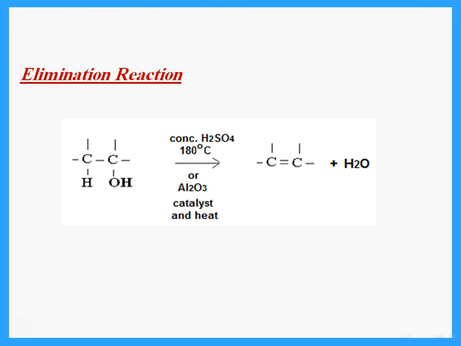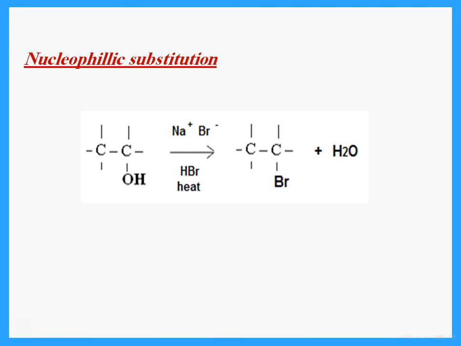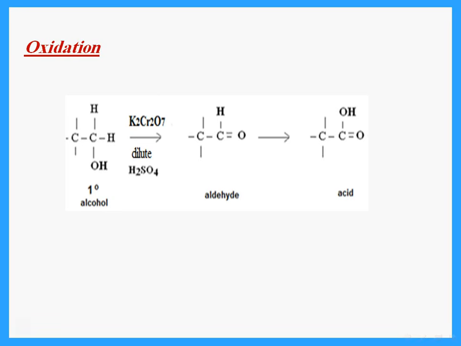Now, elimination is where I change the alcohol into an alkene, and we said conditions here could be concentrated sulfuric acid at 180 degrees Celsius, or aluminum oxide catalyst and heat. That is an elimination reaction. Nucleophilic substitution is where we attack with a nucleophile to replace the OH. So sodium bromide, for example, would replace the alcohol with a Br.